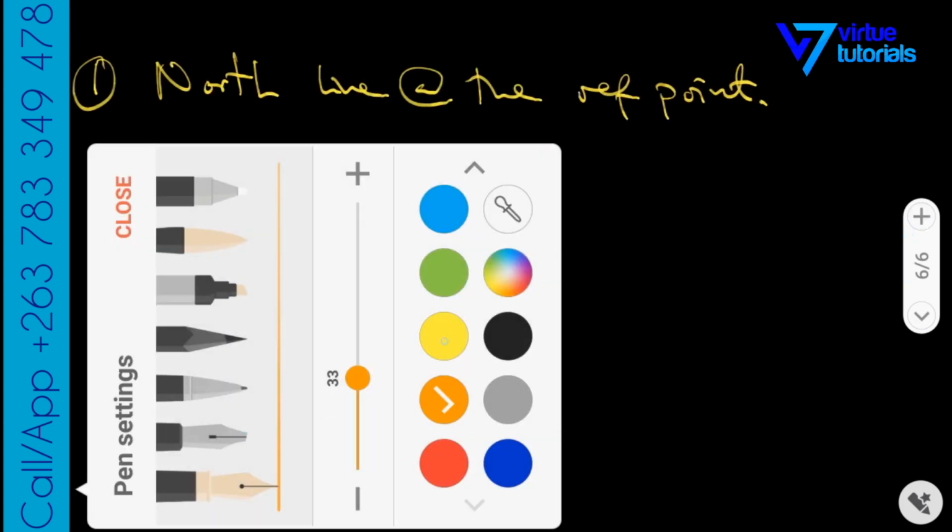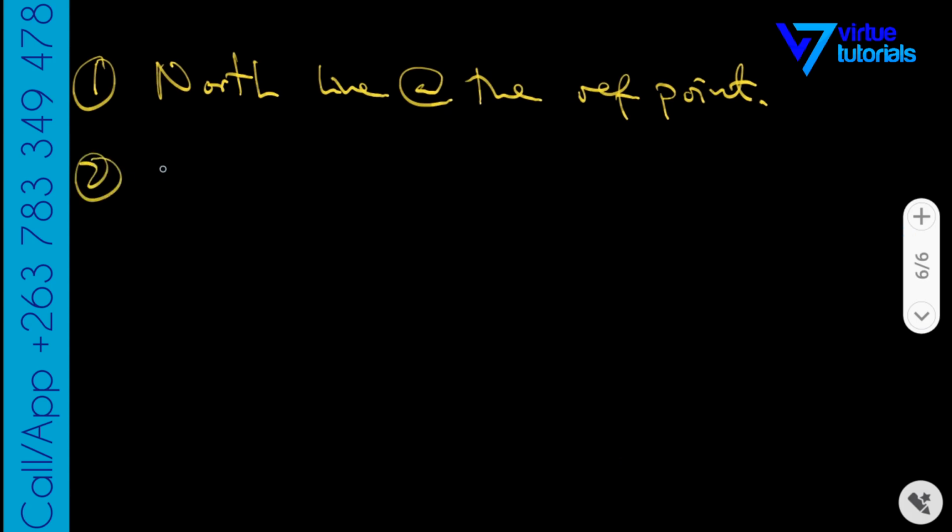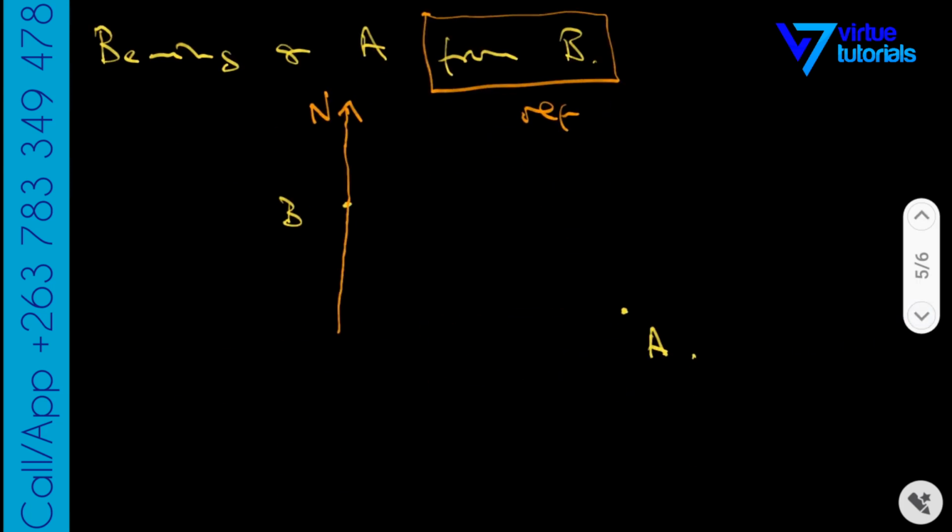The second thing is we must have the 2 points joined. Join A and B. You draw a line that joins A and B like that. Now we have a north line, and we've joined them.